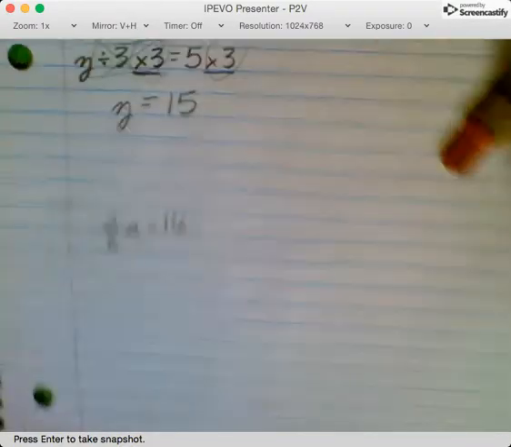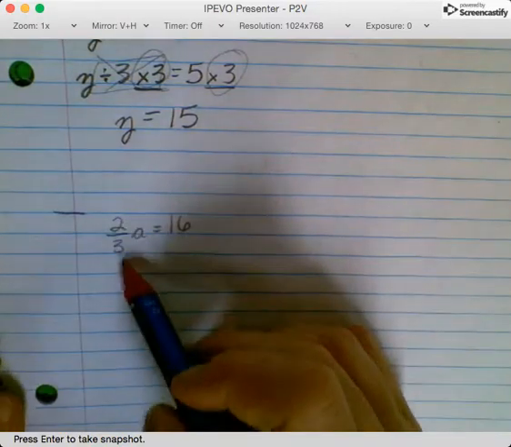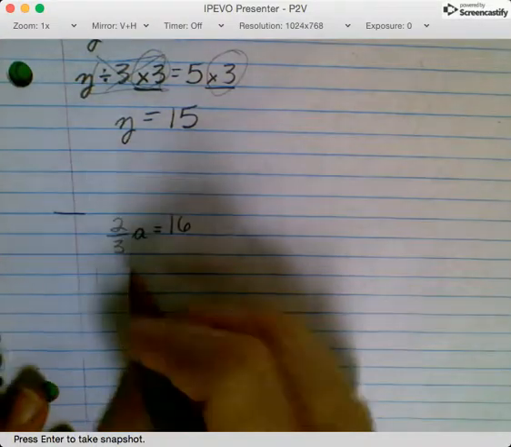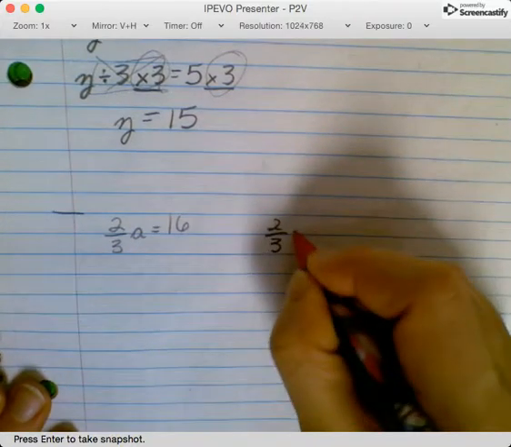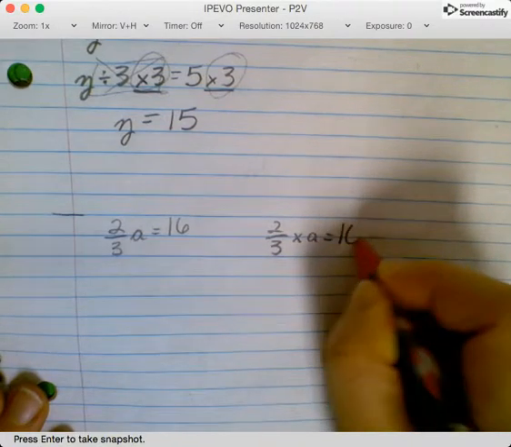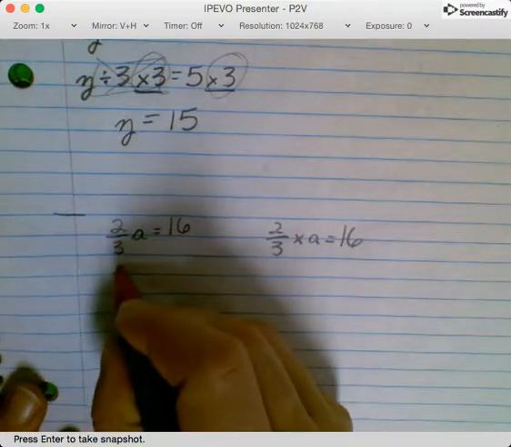Another problem I thought you might want a little bit of info on is 2/3 a. This is like 2/3 times a. So I'm going to rewrite that over here: a times 2/3 equals 16.